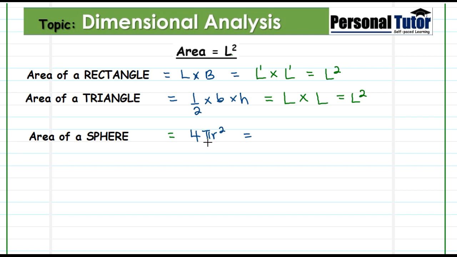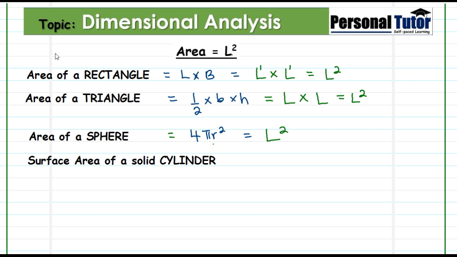Pi, Archimedes' number, is also dimensionless, as earlier stated. Radius is expressed as length, and so it has its symbol to be L, and it's also squared, so you add the square to it. So friends, have you noticed that that's also L squared?